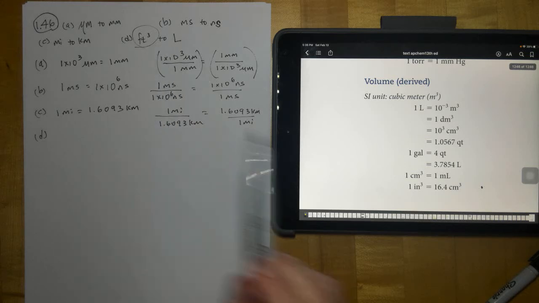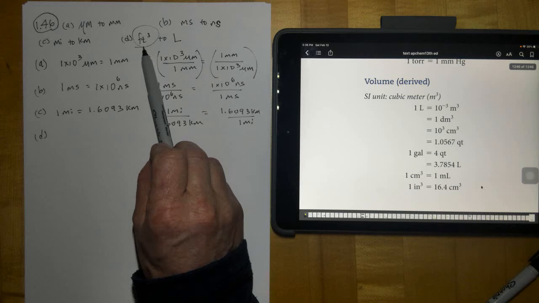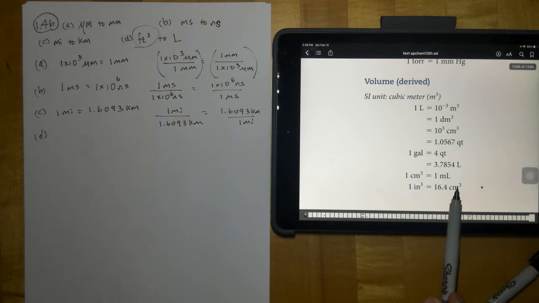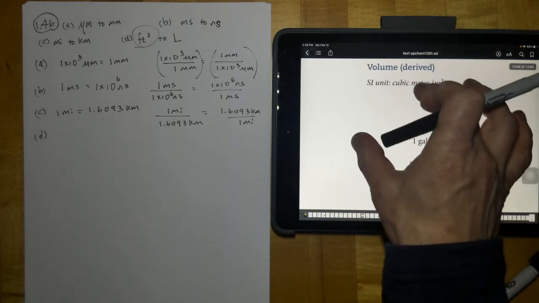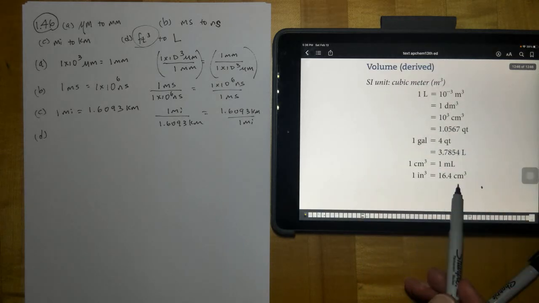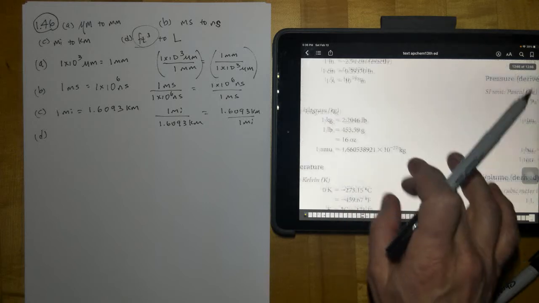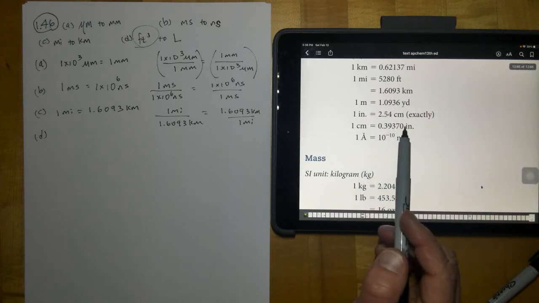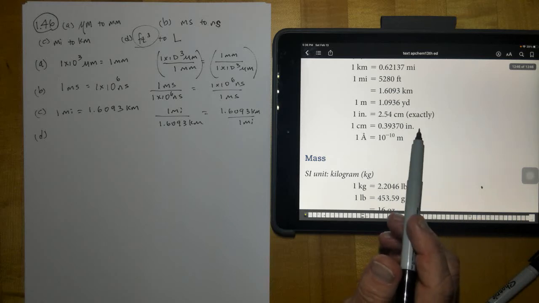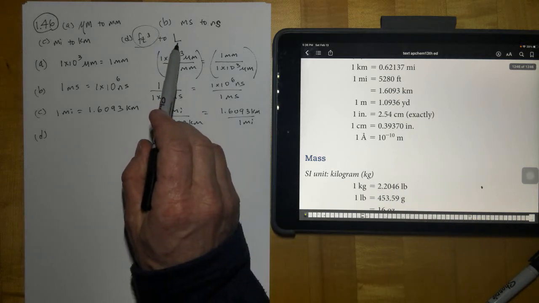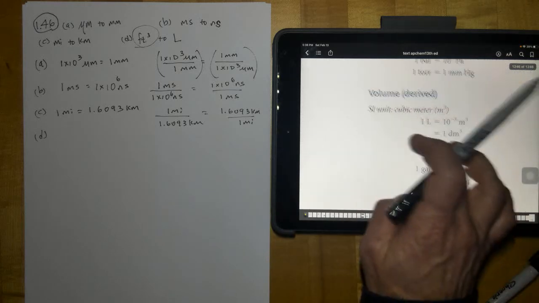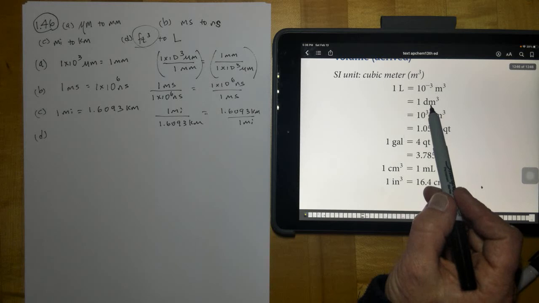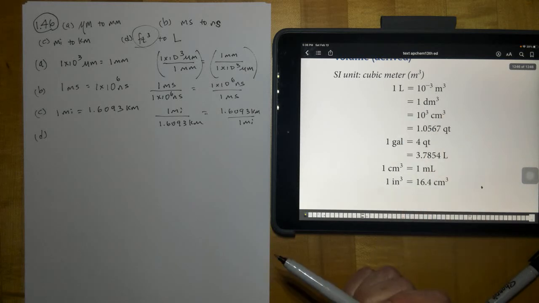And so I think maybe our best bet is to go from feet maybe to inches, because we know that relationship, and then we can see that there's a relationship between inches cubed and centimeters cubed, or up here I could just do inches to centimeters right here and then cube it. And then once I get into centimeters, then I could go to cubic decimeters, which of course is a liter. A cubic decimeter, remember, is equal to a liter. 1 cubic decimeter is the same as 1 liter.